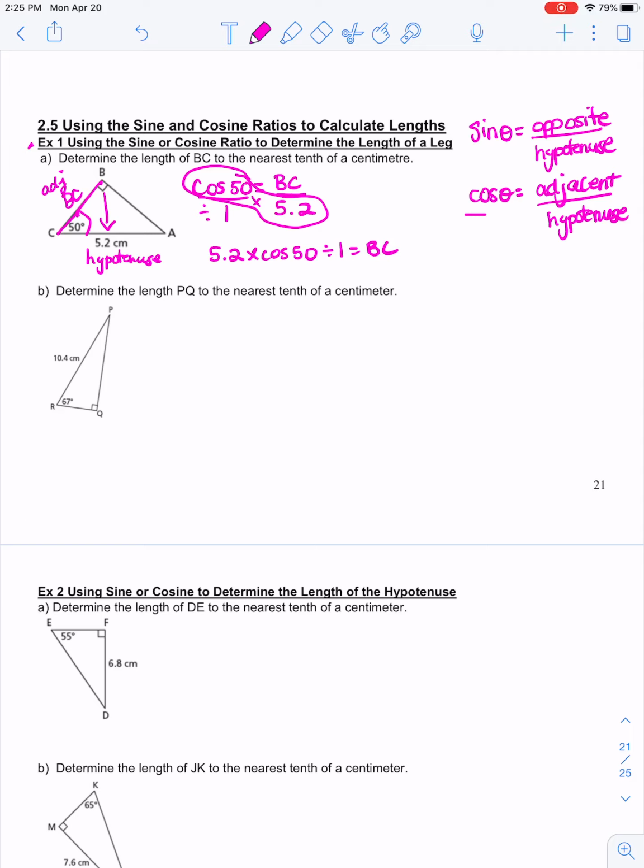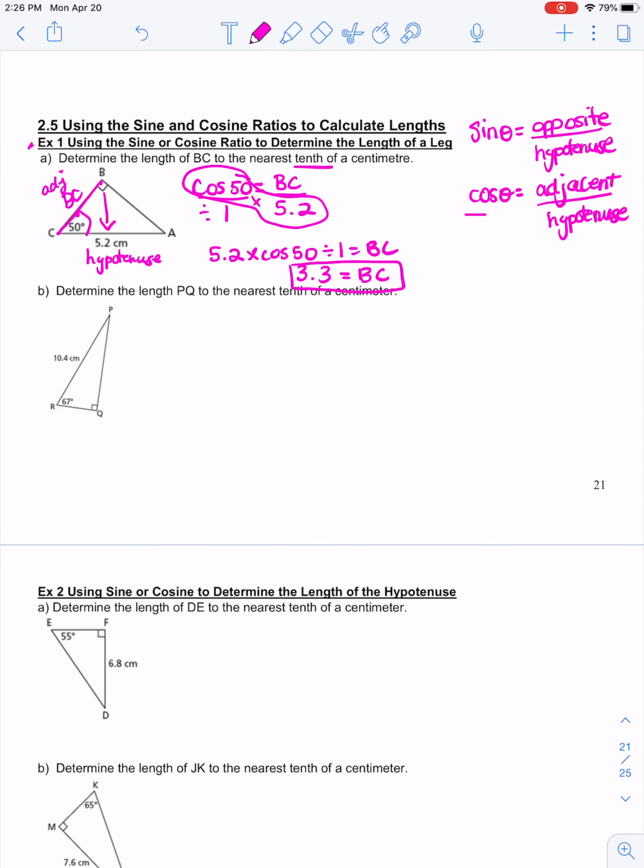We don't really need to write divide by 1 because anything divided by 1 is just itself. So that's 5.2 times cos 50. We should get 3.3, to the nearest tenth, and that is equal to side BC.